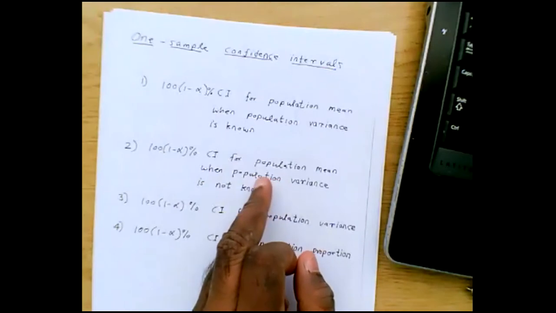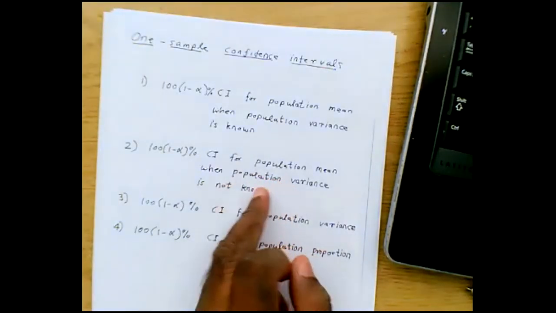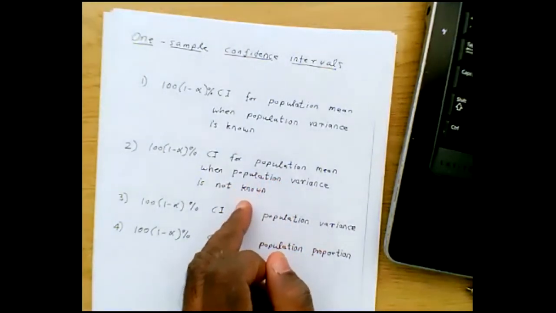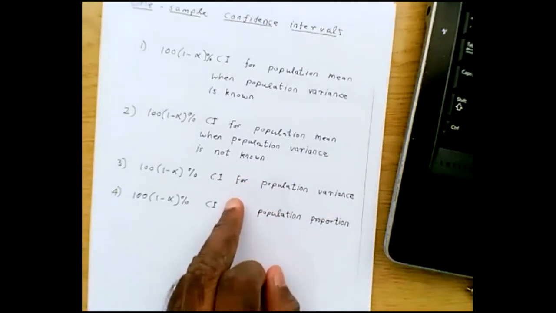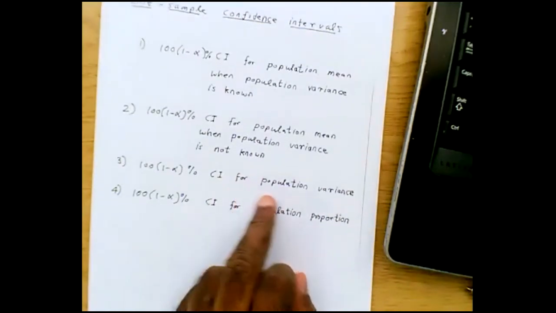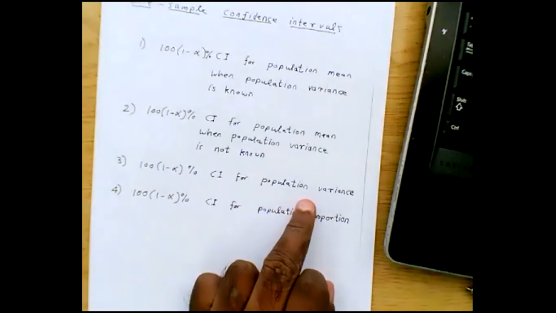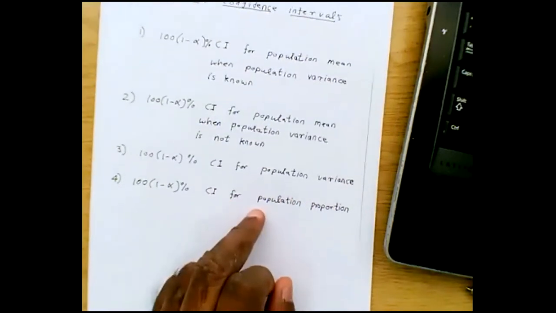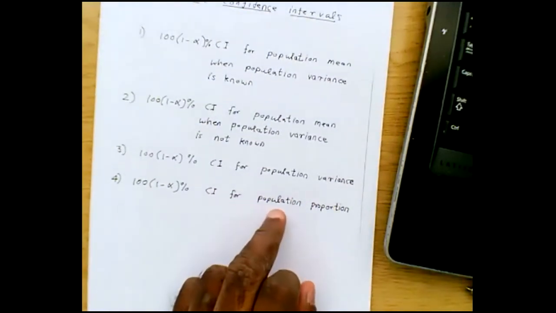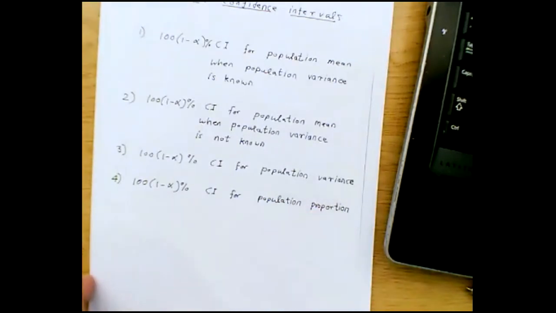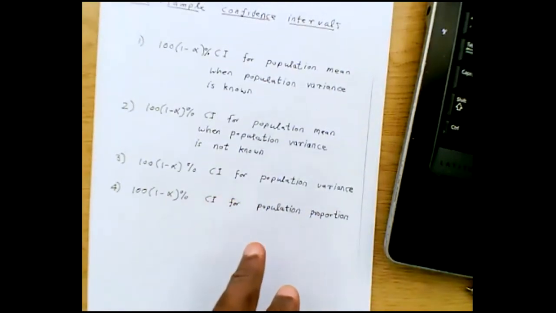The second is the confidence interval for the population mean when the population variance is not known. And the third is the confidence interval for population variance. And the fourth is the confidence interval for population proportion. So I'm going to take you through each of these.